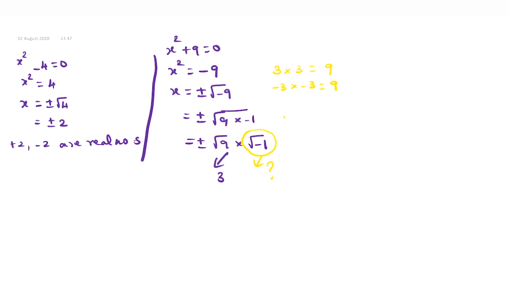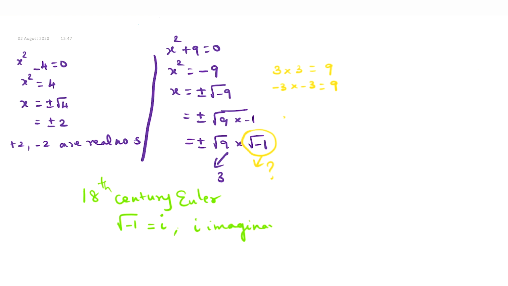So here we are getting root of minus 1. It is not positive. So whenever we try to invent a new number. So in the 18th century, a great mathematician Euler invented the number that root of minus 1 is equal to i, where i is an imaginary number.